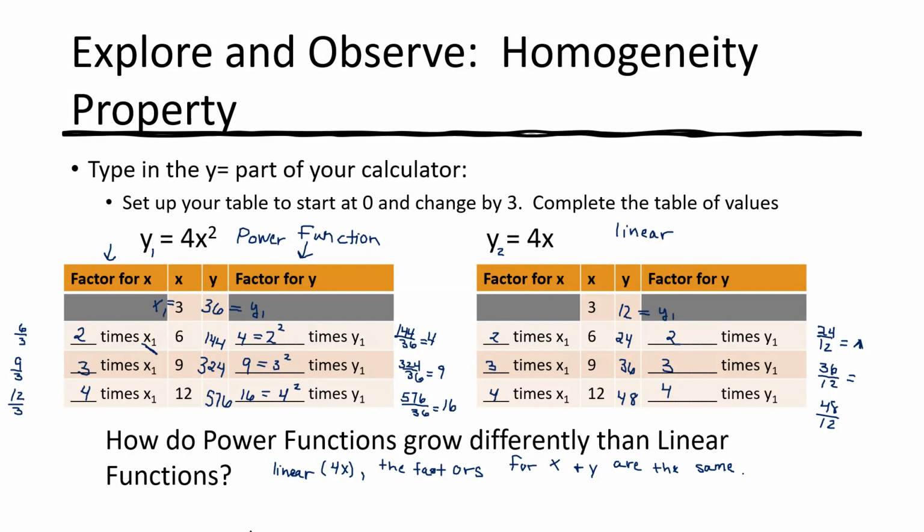And then for power functions, and the example that we had here was 4x squared, what I found is that the factor for y is the factor for x to the k power.